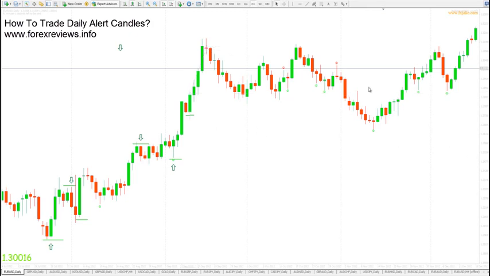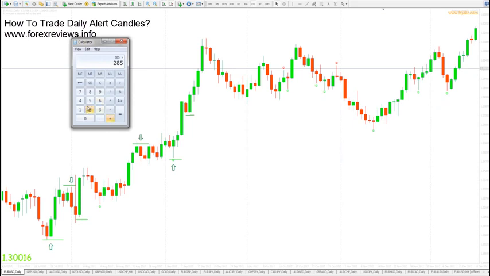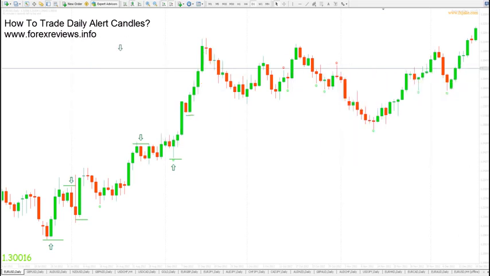Now I'm going to explain to you guys, why does this strategy work so well, as long as you follow the rules and you follow basic price action? Well, the reason being is the daily chart. You've got to look at it this way. If you get a really bearish close, that means for a whole day the sellers had control of the market.